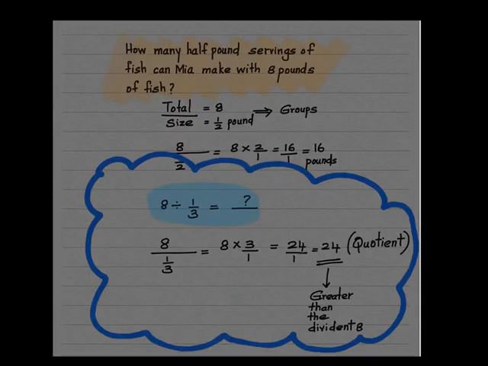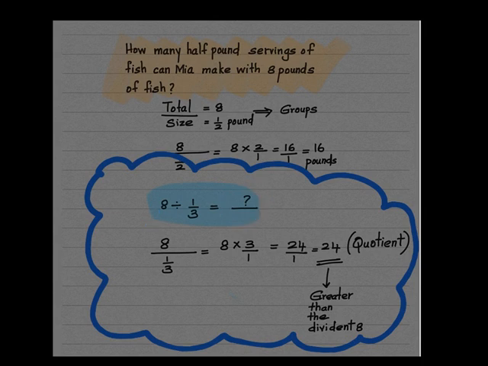Oh, look at this question, the question in the blue. 8 divided by 1/3 equals what? So what we are going to find is whether the answer that we get here is going to be greater than the dividend or not. That is what we are going to find.